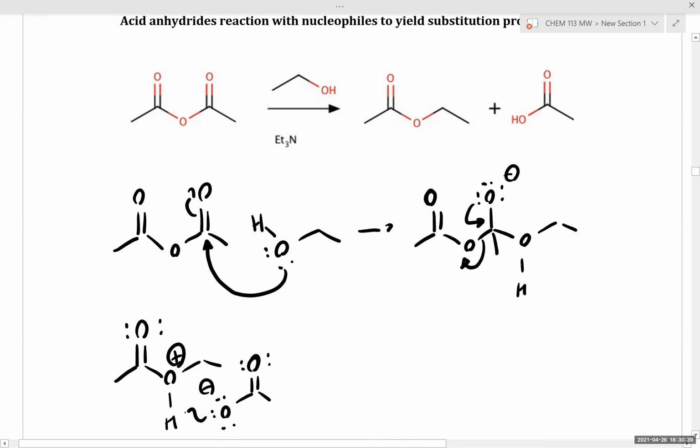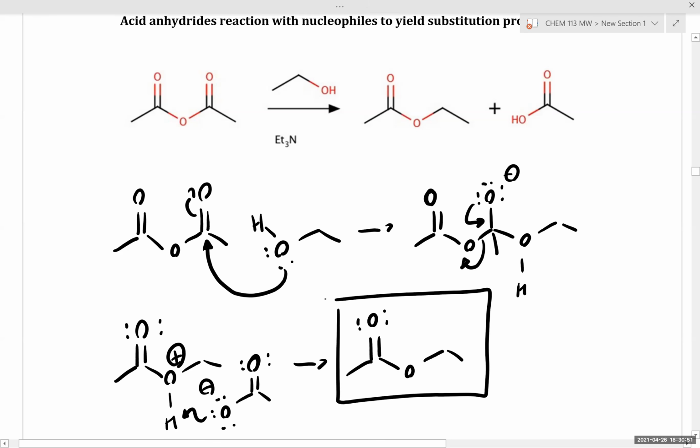Typically, a basic amine such as triethylamine is utilized. You wouldn't want to use a secondary or primary amine. Typically, the basic amines used for these kinds of acylation and esterification reactions are tertiary.